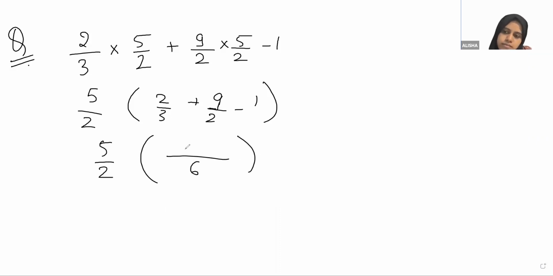Then 6 divided by 3, which is 2, and 2 multiplied by 4. 6 divided by 2, which is 3. 3 into 9, which is 27. And 6 divided by 1, which is 6, and 6 into 1, 6.